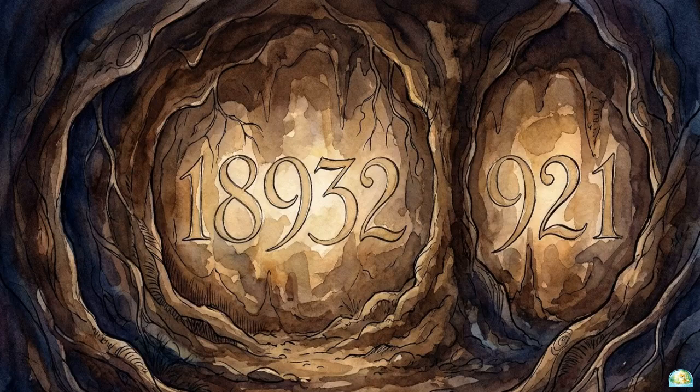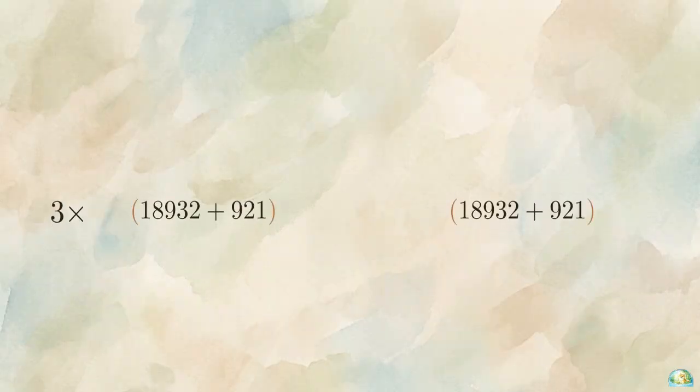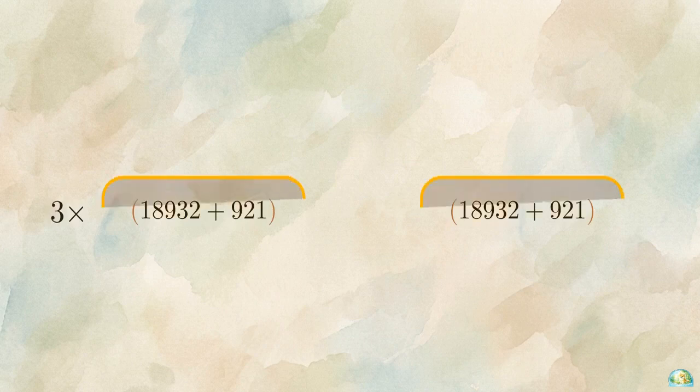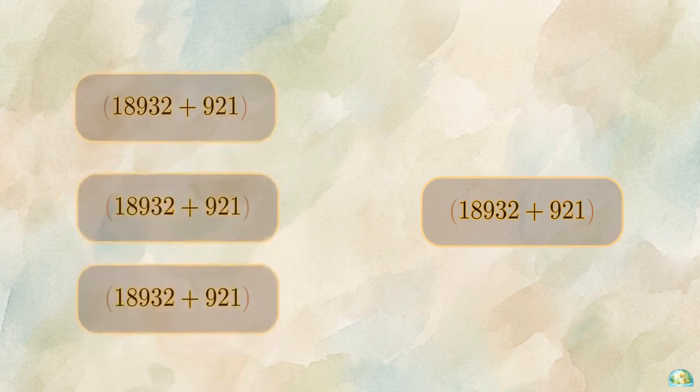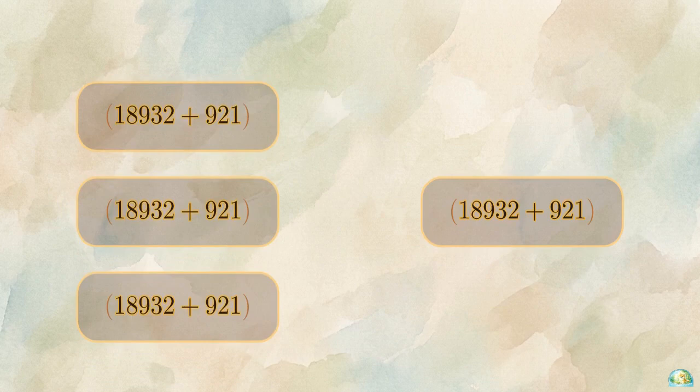This structural translation becomes incredibly useful when you encounter massive numbers, the kind that would take minutes of tedious scratching to solve. How does 3 times the sum of 18,932 and 921 compare to the base sum? The addition problem inside the parentheses is a single room. The times 3 modifier out front multiplies that unified room into 3 identical chambers.